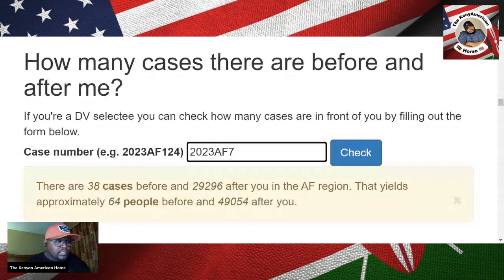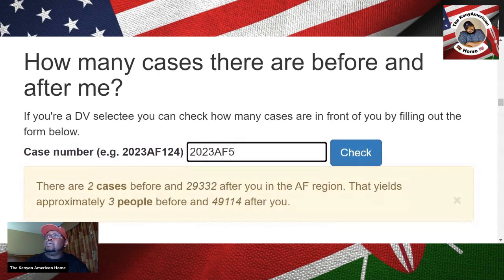So one of the people that we found that had a really low case number that is still at NVC is case number 5 in Africa. If we check that, you can see that there are 2 cases before the AF5. This person should have been completed, but they did not fill out the DS-260 in time.